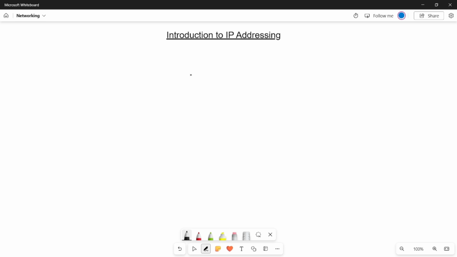So basically, we can divide IP addresses into two main categories, and according to different criteria, we can divide them into more categories. In this part, I am talking about versions of IP addresses. We can find two versions: the first is IP version 4, which is the old version, and IP version 6, which is the new version.